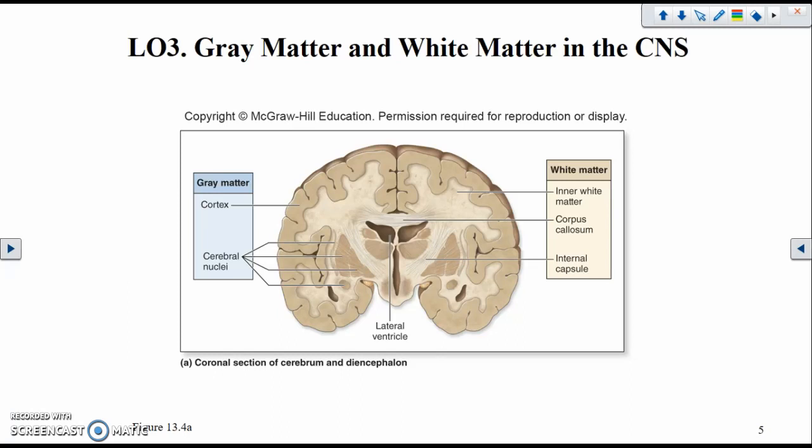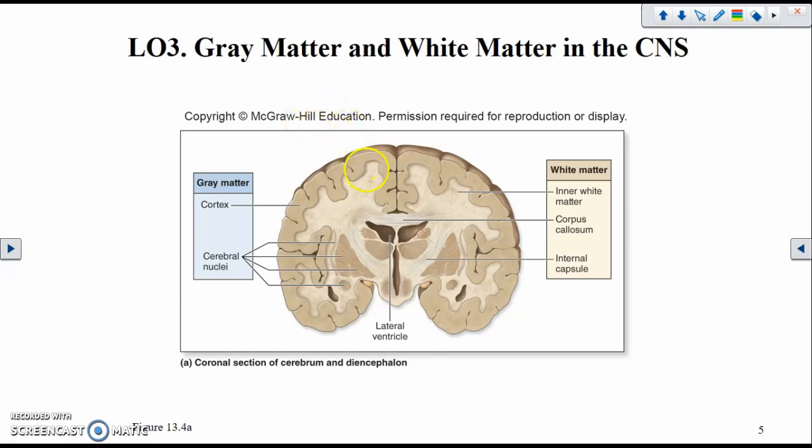This is actually the axons, which are myelinated. In the central nervous system, the myelination is facilitated by a neuroglial cell called oligodendrocytes. In the peripheral nervous system, myelination is performed by a different neuroglial cell called the Schwann cell.